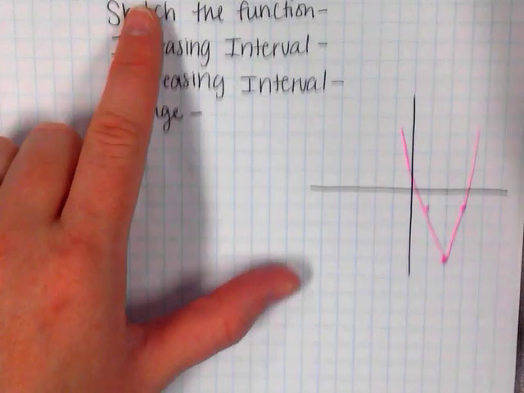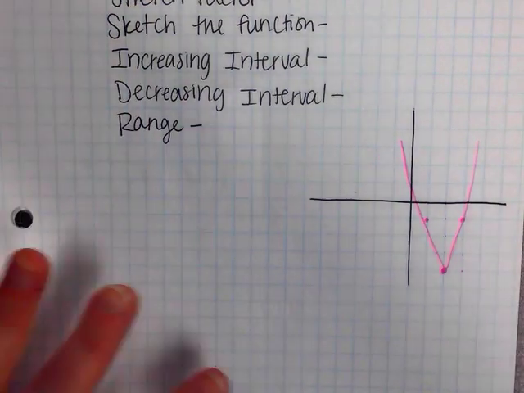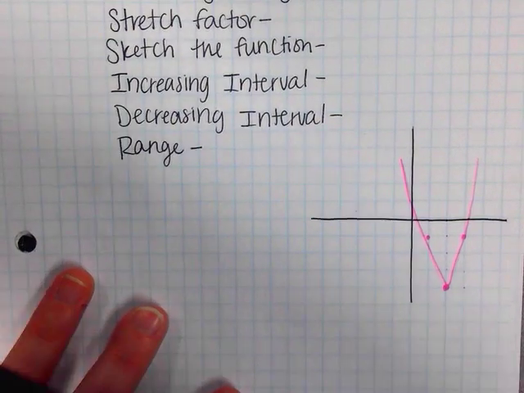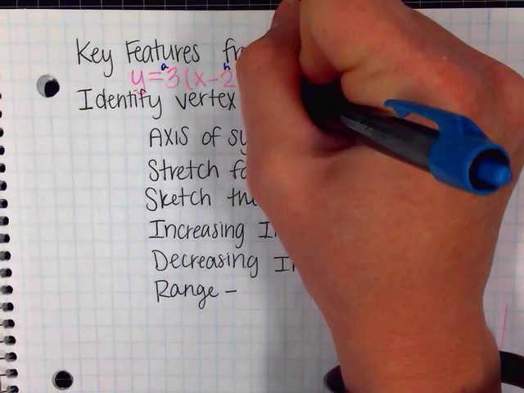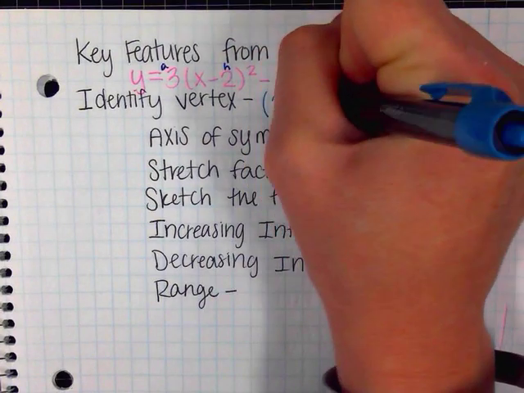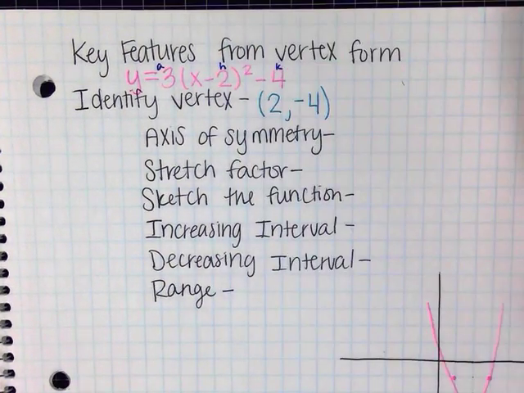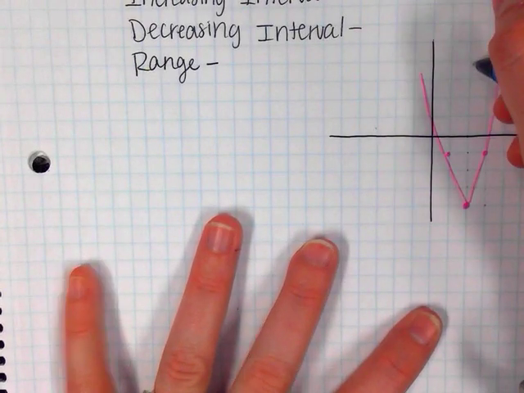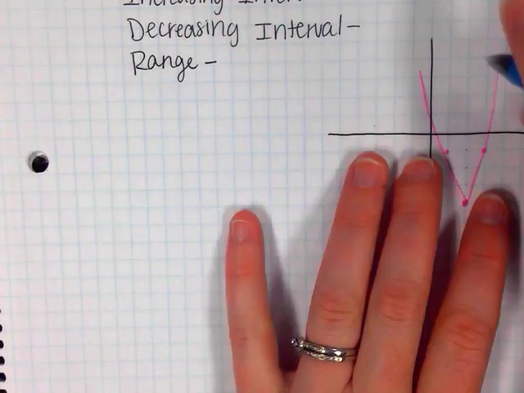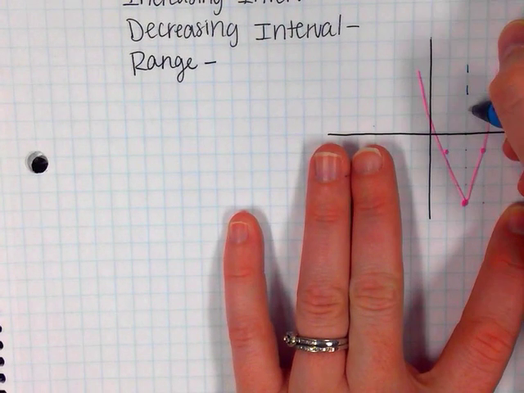Okay, so our vertex, that first spot up there that it tells us to answer, is at 2, negative 4. That's our vertex, because we have to do the opposite of h. The axis of symmetry means where is it identical across.